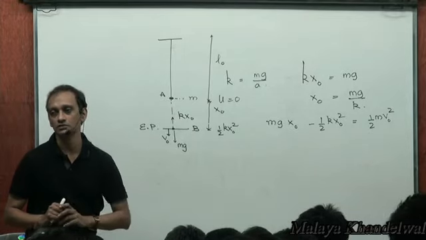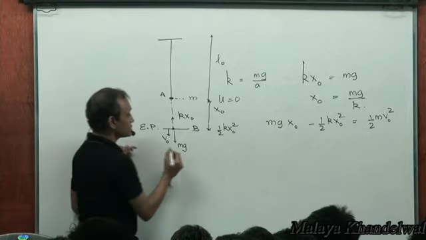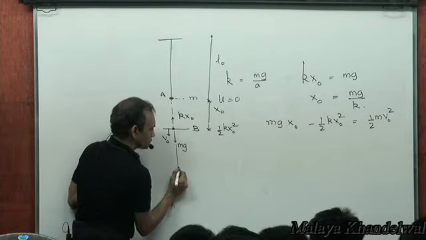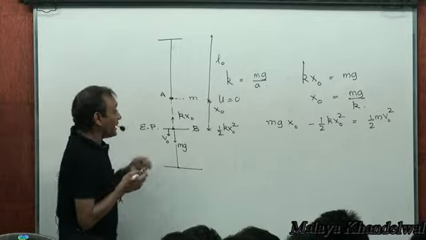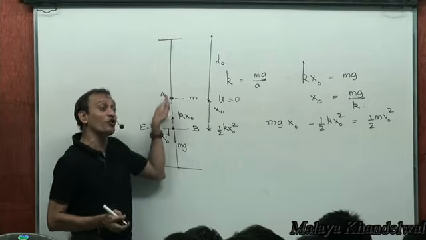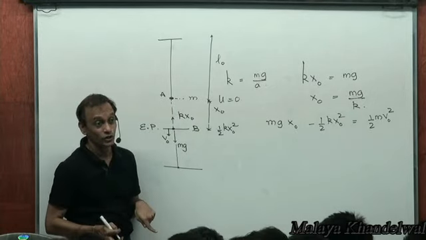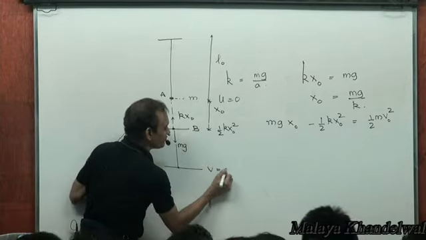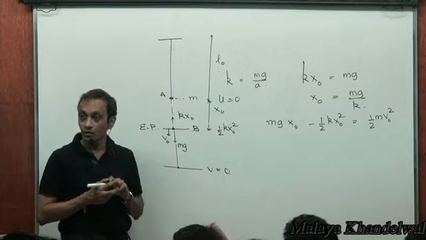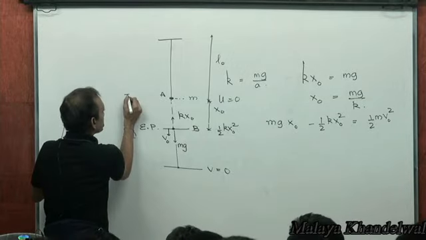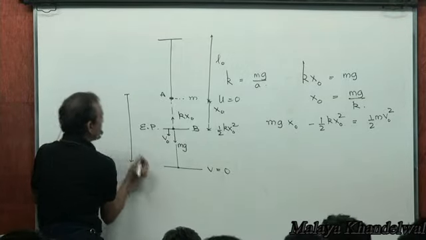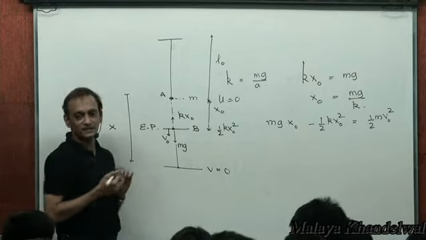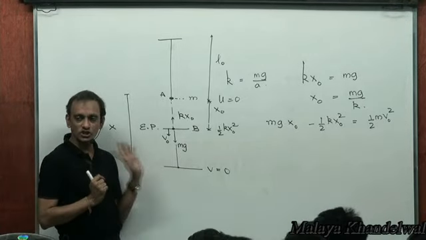By the way, what happens after this? After this, it'll go down. But while it descends further, the spring force will be larger than mg. So it will retard, and the velocity will become 0 somewhere. Let's say at some x, the velocity becomes 0.